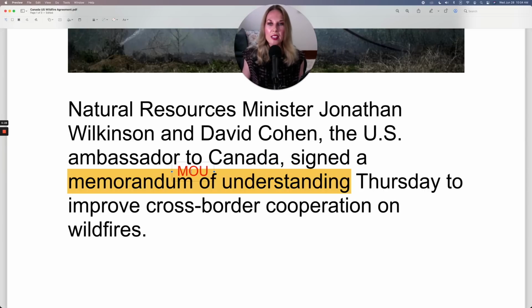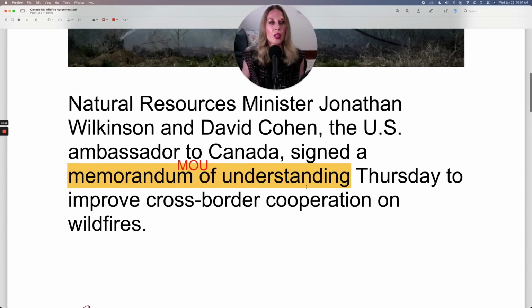So you'll see this a lot in news articles, but especially in business-related news, even on a website. An MOU. We have an MOU. A memorandum of understanding, an MOU, is simply an arrangement or a deal between two parties to do something specific.